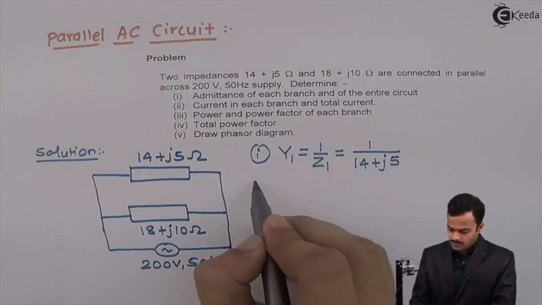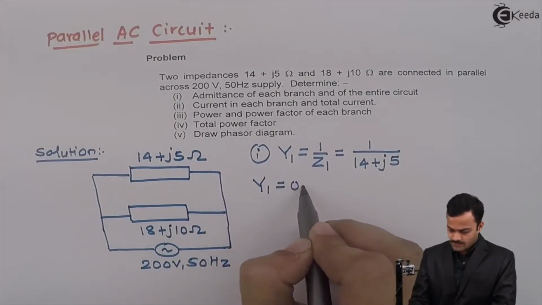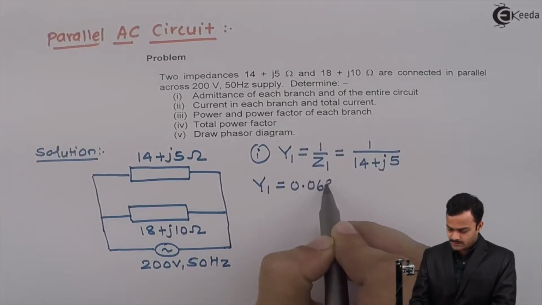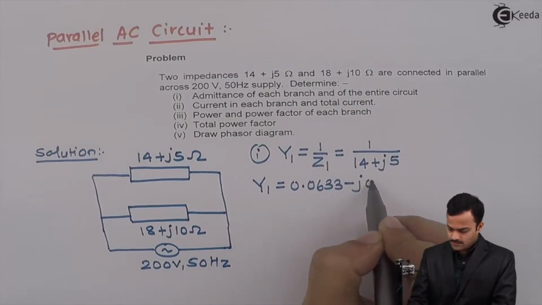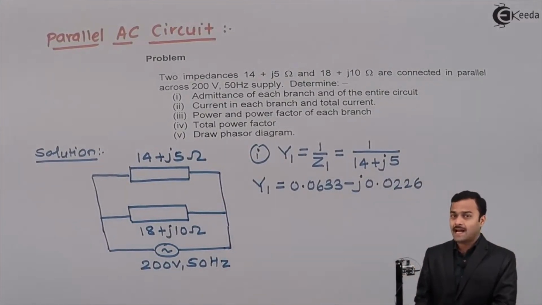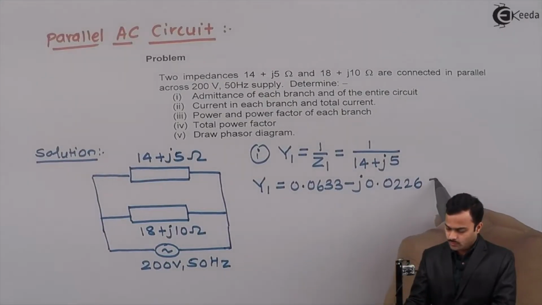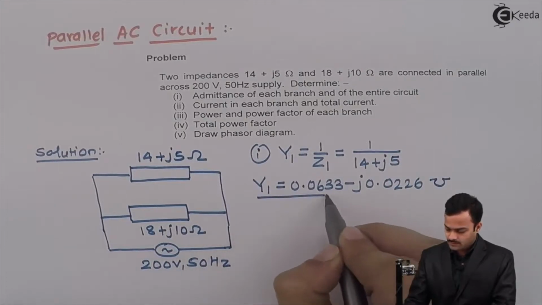If you solve, you will get Y1 equal to 0.0633 minus j0.0226. It's admittance, so unit is mho. So this is Y1.